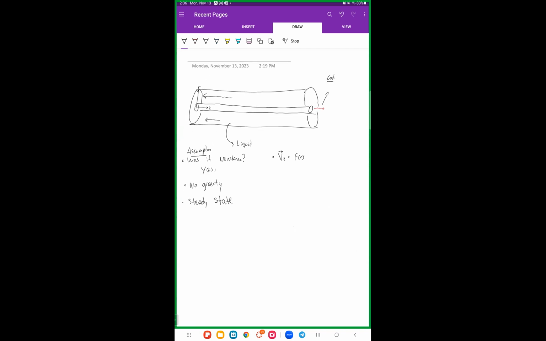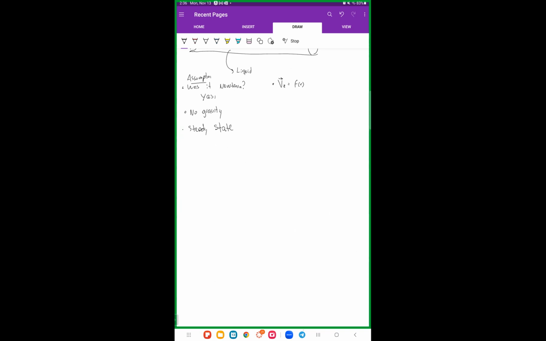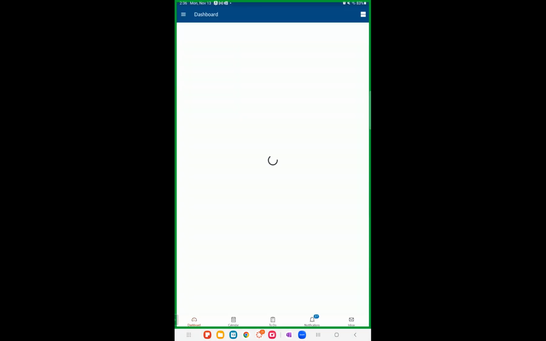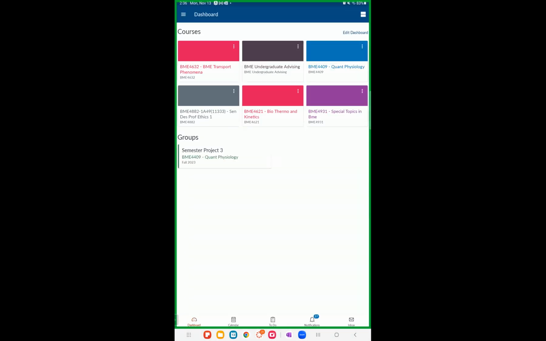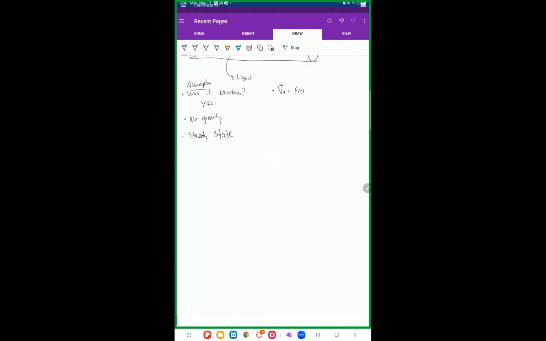Okay, let me look for the Navier-Stokes equation really quick. Do you have it by any chance? Yeah, I'll take a picture of it really quick.